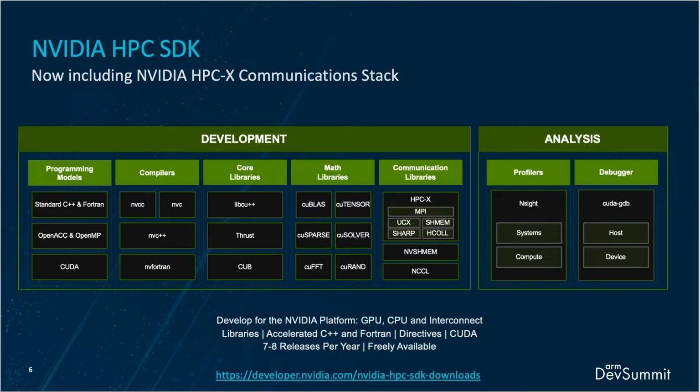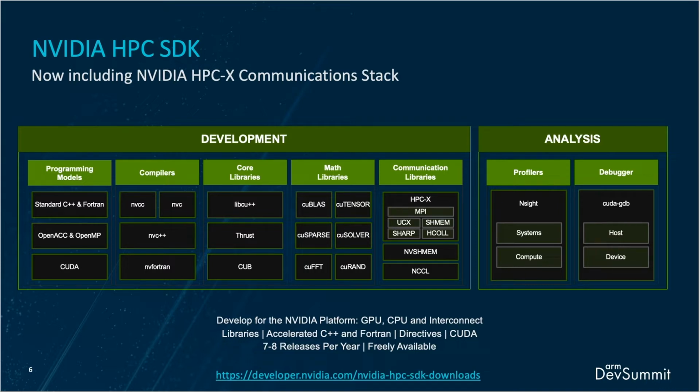For those who might not be familiar, the NVIDIA HPC software development kit includes a wide range of compiler, language, and library support. I'll be focusing on the compilers and the languages here, but libraries are an important part of this ecosystem as well. Obviously, like all processor vendors, we support optimized math libraries for our processors.